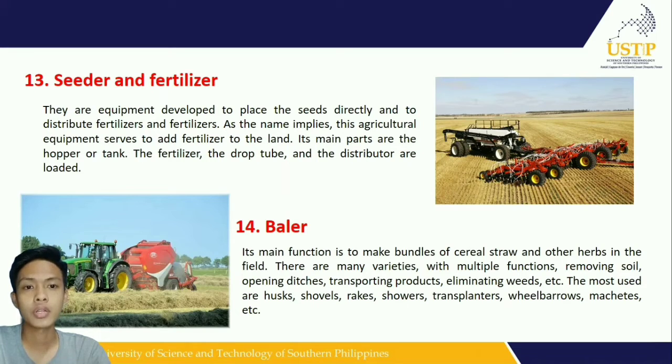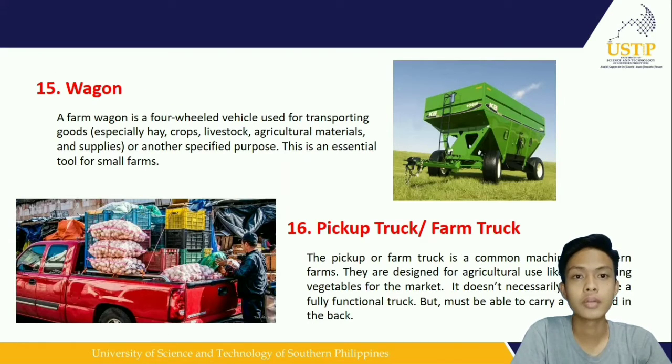So ang main function ani niya is maghimog bundles of mga herbs sa farm. Kabantay mo anang sa ukay-ukay bitaw nga kanang mga sinako or bundle, bales or bundles. Ina-compress siya into compact bales para nga easy lang siya ma-handle, dali lang pag-transport o mas dali ra pud siya ma-stock.